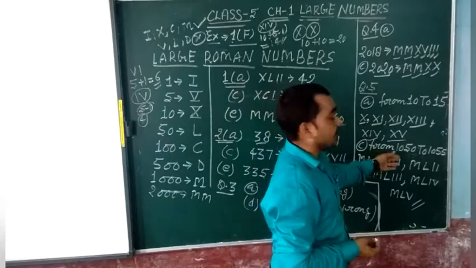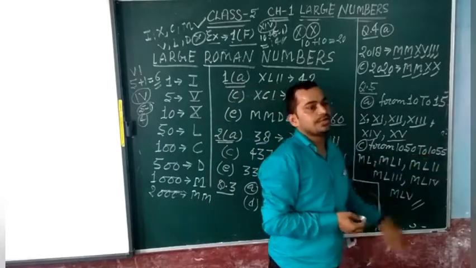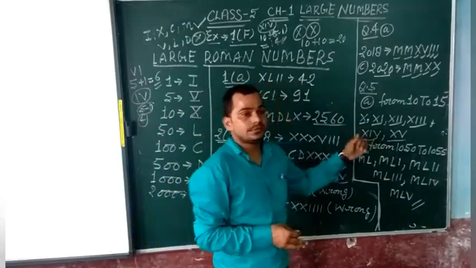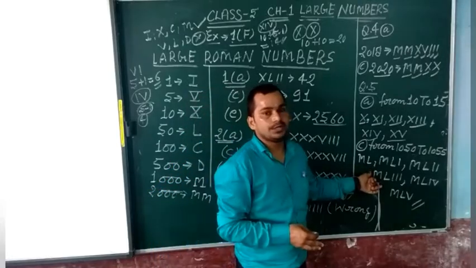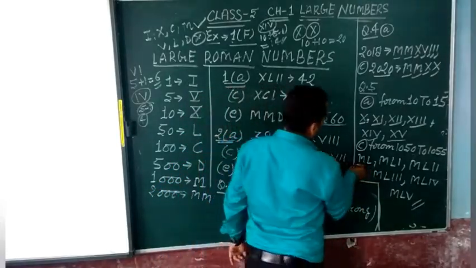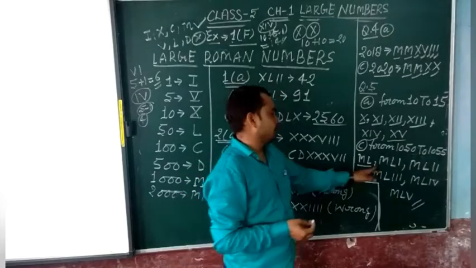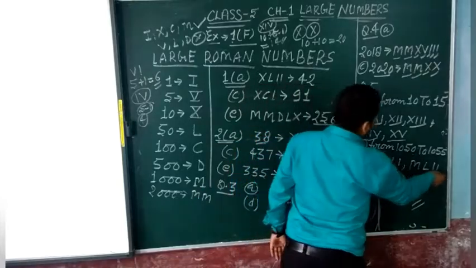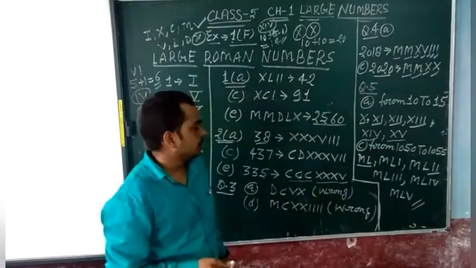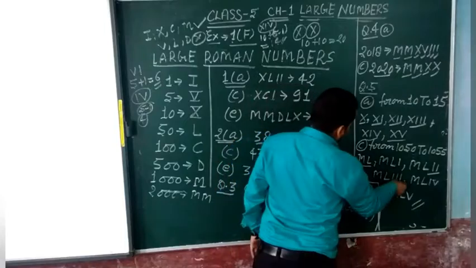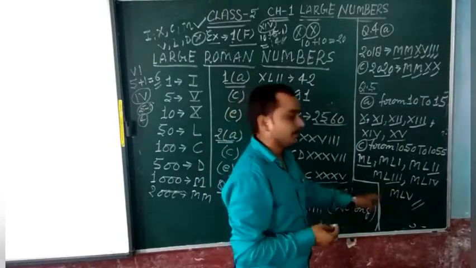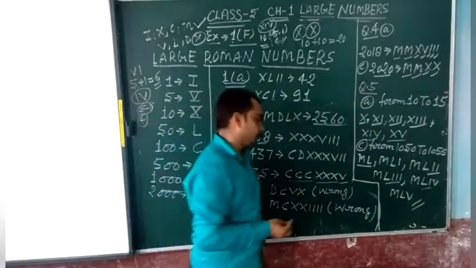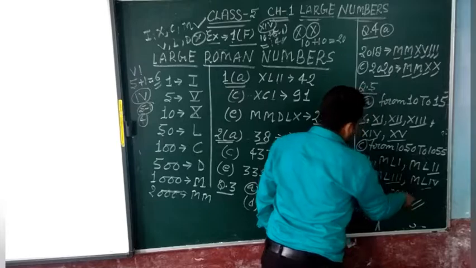Now next is from 1050 to 1055. So 1000 is M, 50 is L, so 1050 is ML, and 1051 is MLI, 1052 is MLII, 1053 is MLIII, 1054 is MLIV and 1055 is MLV.